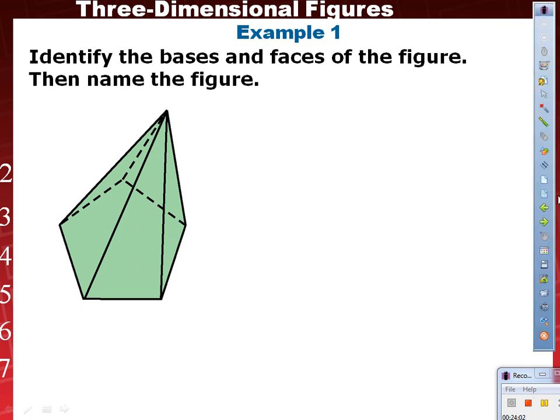To sketch this one, here's a hint: always start with a base. Find the vertices of the base, put those first, connect them, and draw the vertices above, connect those, and then your edges. I'll give you some time. Ready, go.